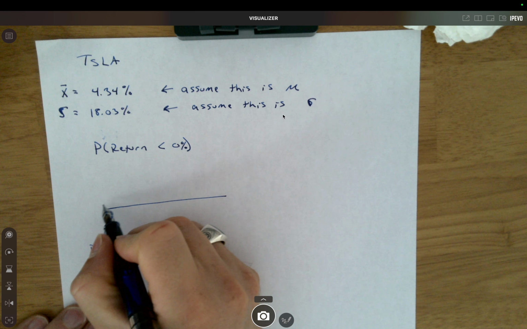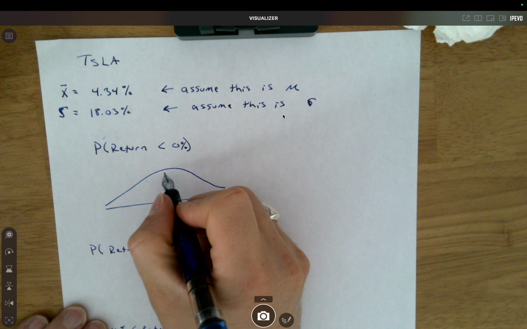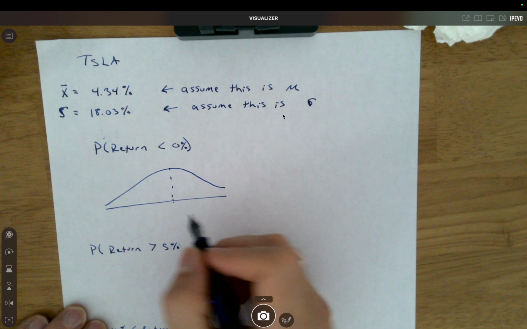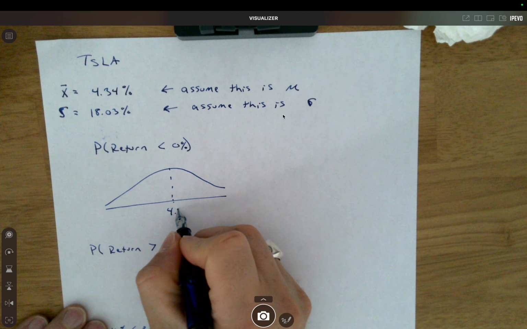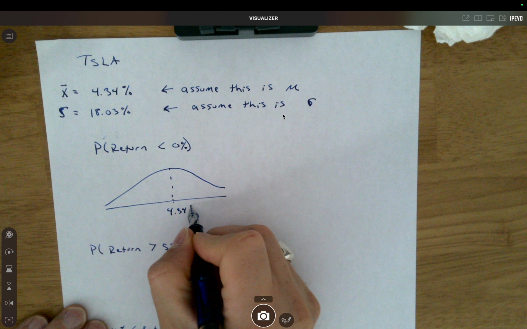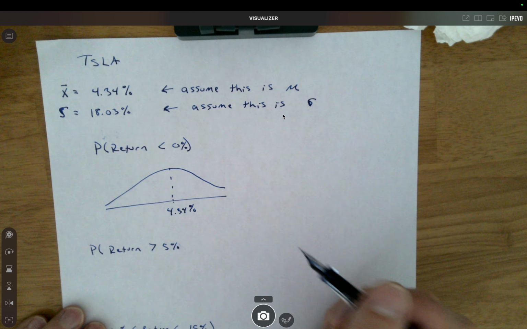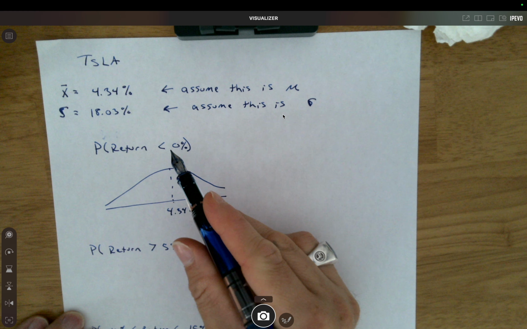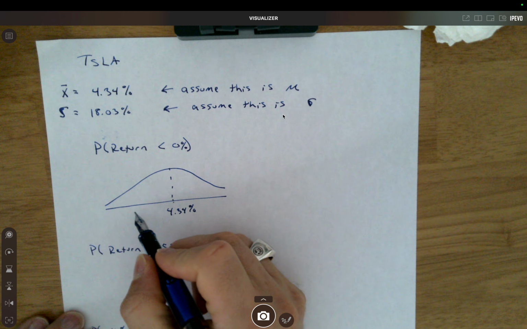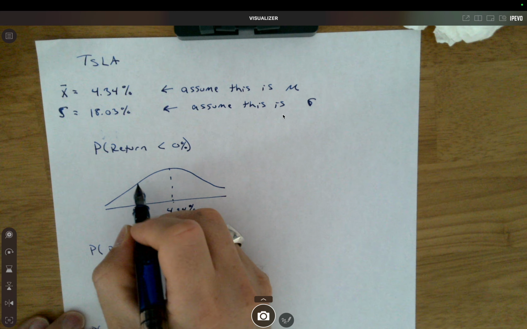So we're just going to sketch out a normal distribution, identify the mean, which is 4.34%. That's the mean. And we want to find the probability that the return is less than 0. So we know it's going to be somewhere over here because this is 4.34%.